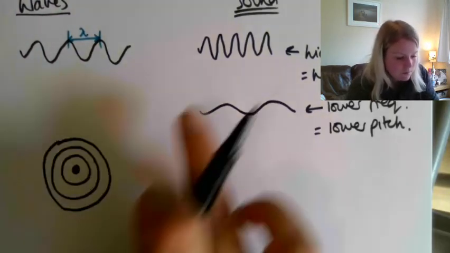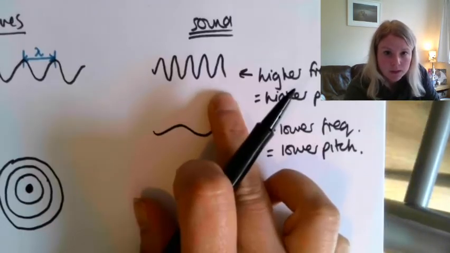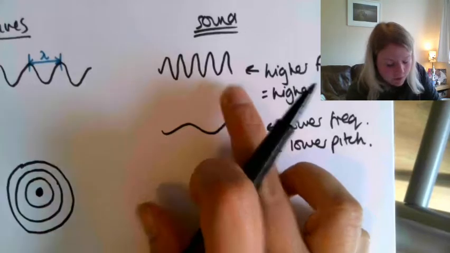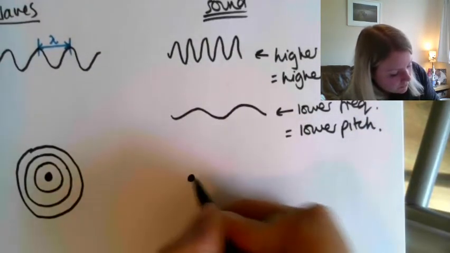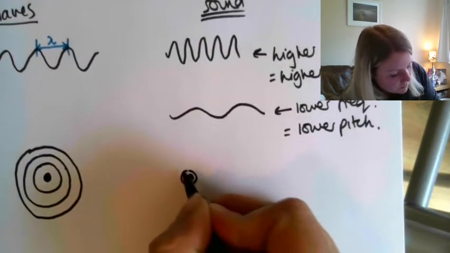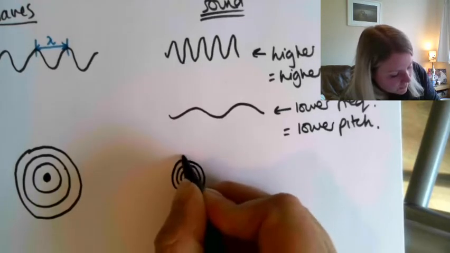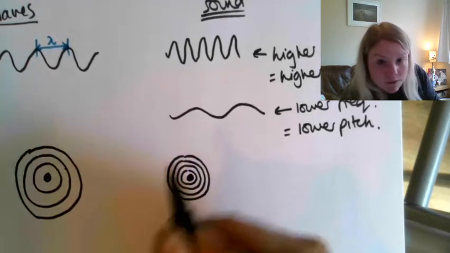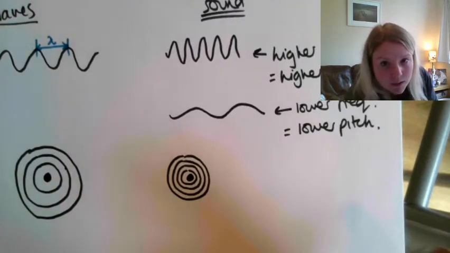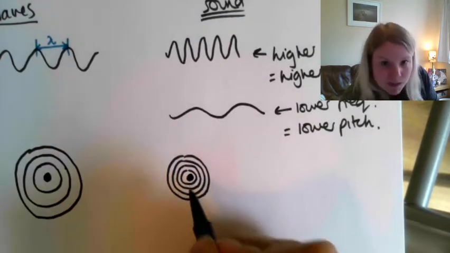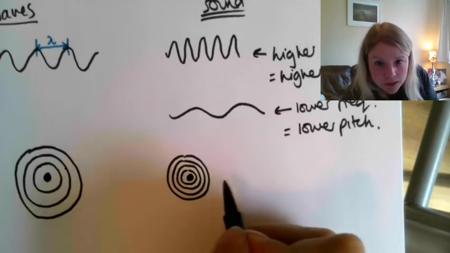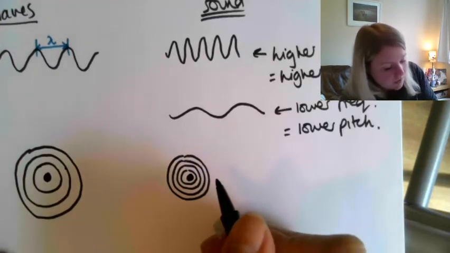Okay, so let's think if we had our higher frequency one, then that's going to be your sound with loads and loads of waves really close together, because you're getting more waves produced every second with a higher pitch. So it's like this is spitting out waves much quicker, and they're all really close together.